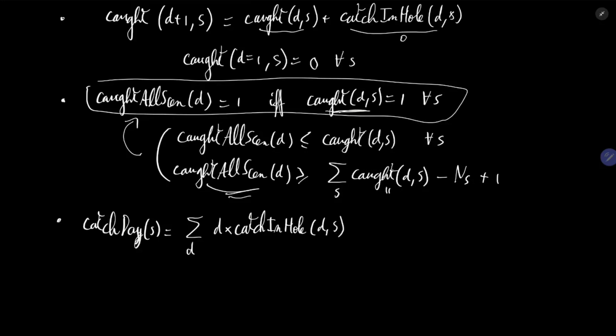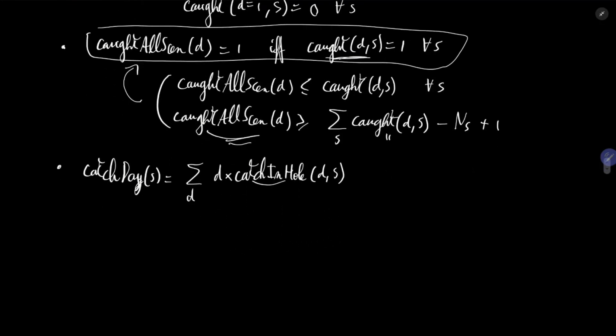So why does it work? Because we know that we are going to catch the fox in a hole for a specific day, and if it's for the day number 7, let's say, and not the other day, then we just multiply this variable that will have the value 1 by the day number that will have the value 7, and this will be equal to the day number in which we catch the fox. And so this works perfectly. That gives the day in which we are catching the fox for a specific scenario.